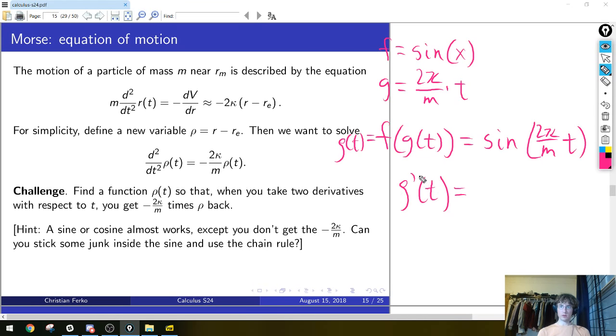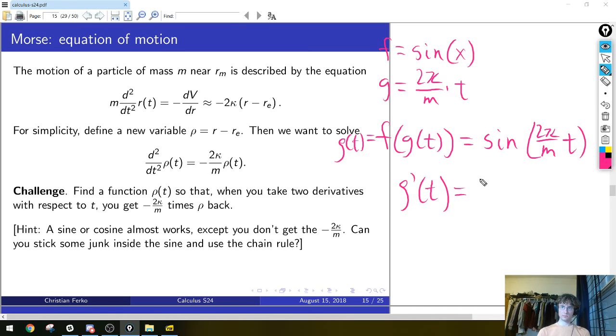Oh, you're taking two derivatives, or let's do one derivative first. So what did I miss? You said minus sine of 2 kappa over m t, but the derivative of sine is cosine. Let's take the first derivative, right? Oh, okay. So say again, since I've already forgotten, what should the first derivative be?